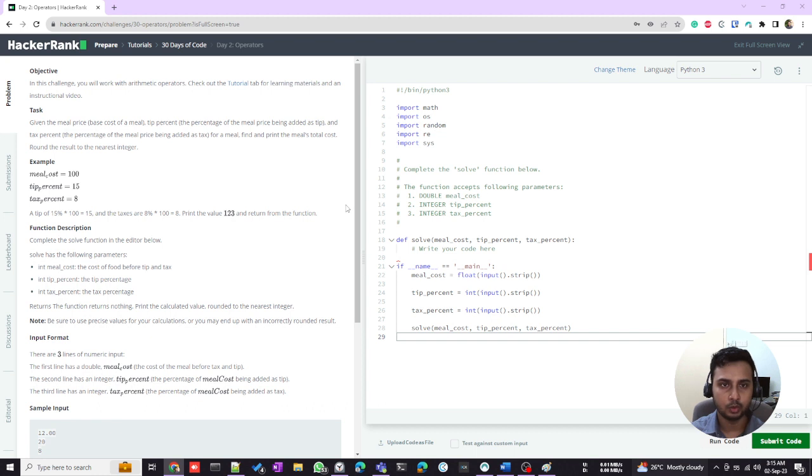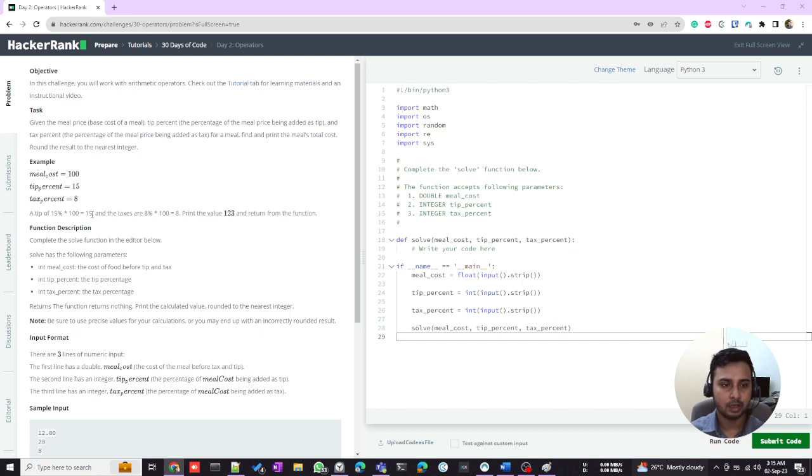Today we will be working with the day 2 challenge, which is operators. In this challenge, they're expecting us to use the arithmetic operators and then solve the problem. So I will just give a brief of this problem. In this problem, we will have three inputs. The first one will be meal cost, the next one will be tip percent, and the third one will be tax percent.